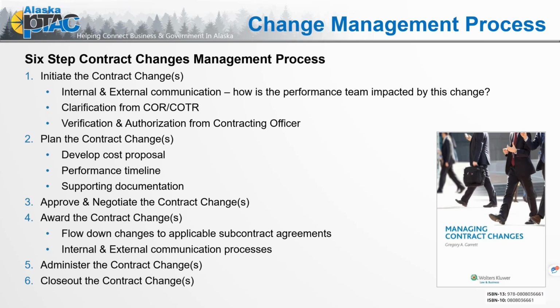Develop your cost proposal, your performance timeline, and pull together your supporting documentation. 3, approve and negotiate the contract change. 4, have that change awarded, flow down changes to applicable subcontract agreements, and of course, notify both internal and external the parties that are involved in this contract so they can be aware that that change was incorporated.